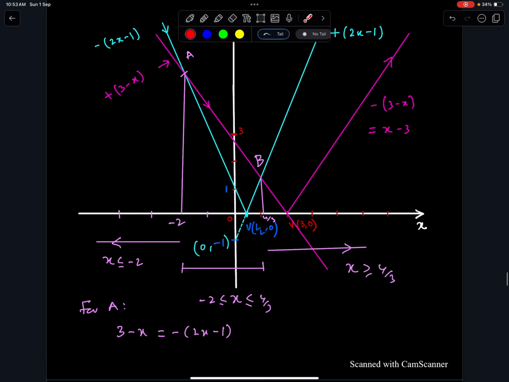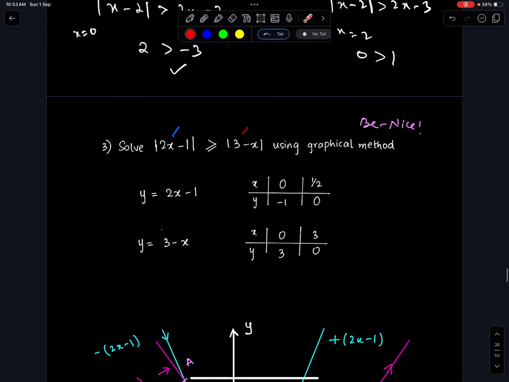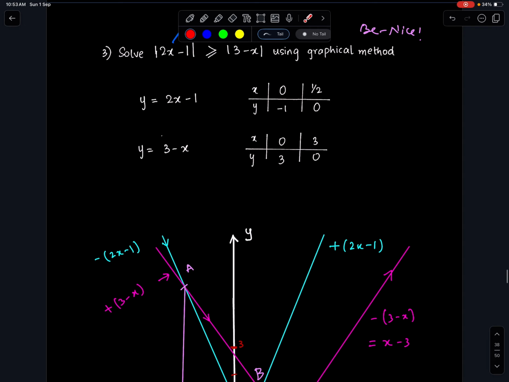So for that we must find where this graph, modulus 2x minus 1, is above this graph, from the x coordinates of the points of intersection.